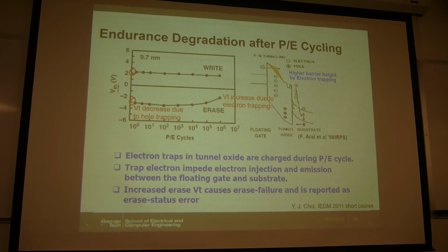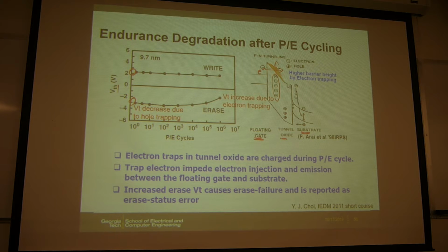So if you have that, then here, for example, this side is the floating gate. This is your channel substrate, and this is the tunnel oxide. This is a band diagram. And for example, if you get those electrons trapped in the tunnel oxide, then it will increase the barrier here, because it's a negative voltage applied to the band. The negative voltage will increase the barrier. So it will make it more difficult for the electrons to tunnel out.